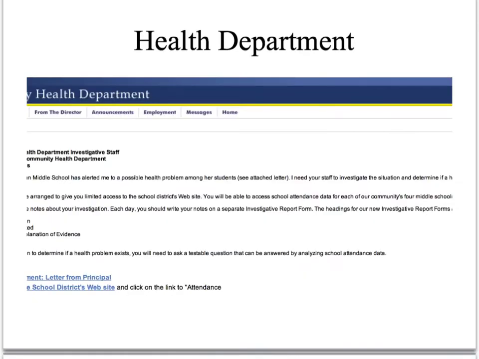This page is the letter from the health department. This is the first piece of information that you are being provided. And this is from the Department of Health, and there's a letter from the principal, and then there's also the school's website. There's some data that you can read there.